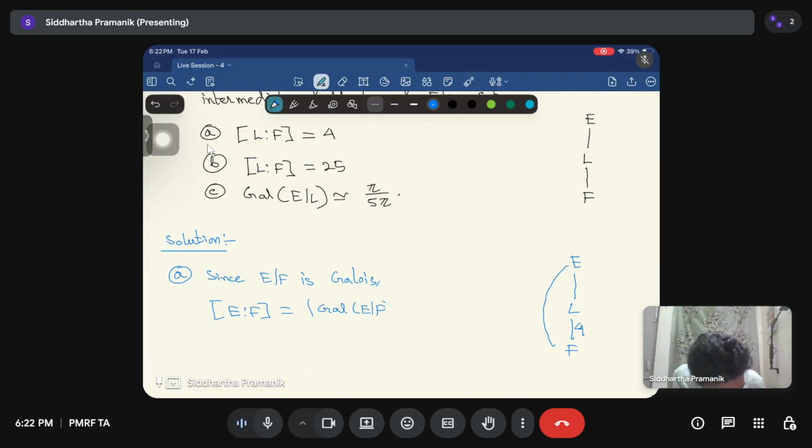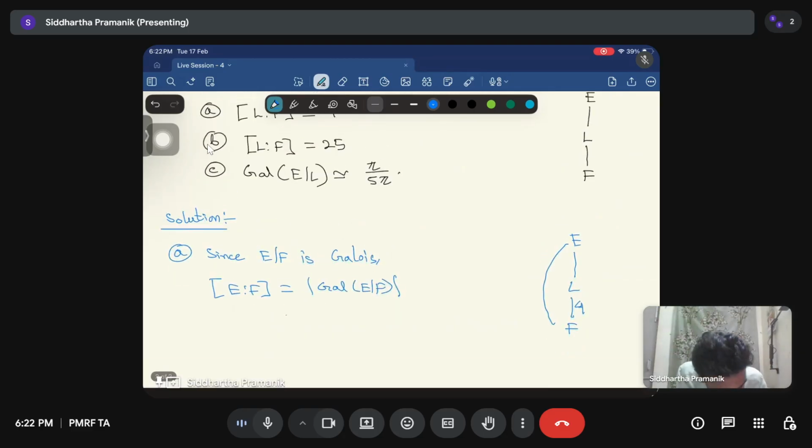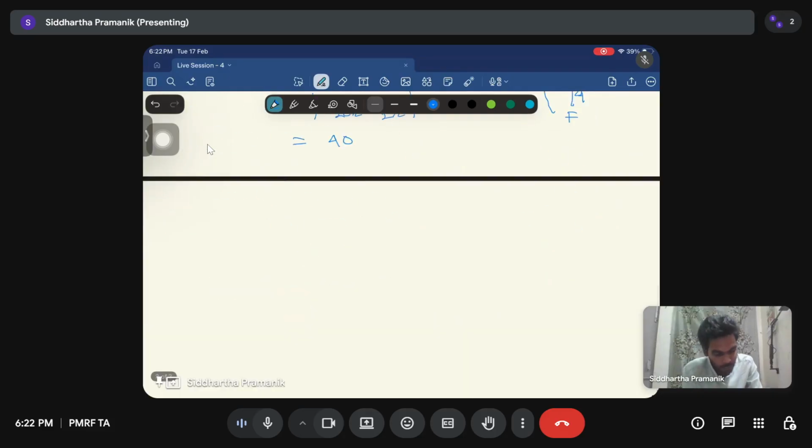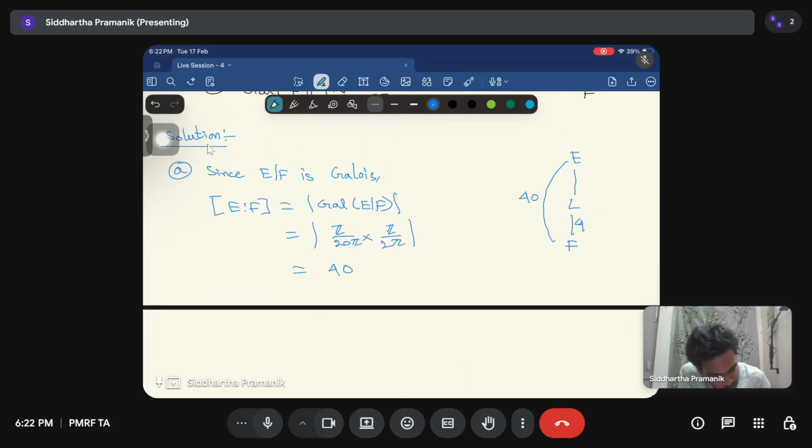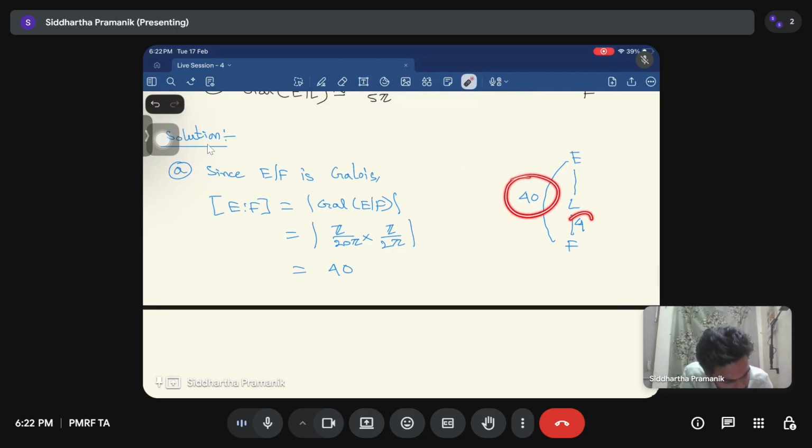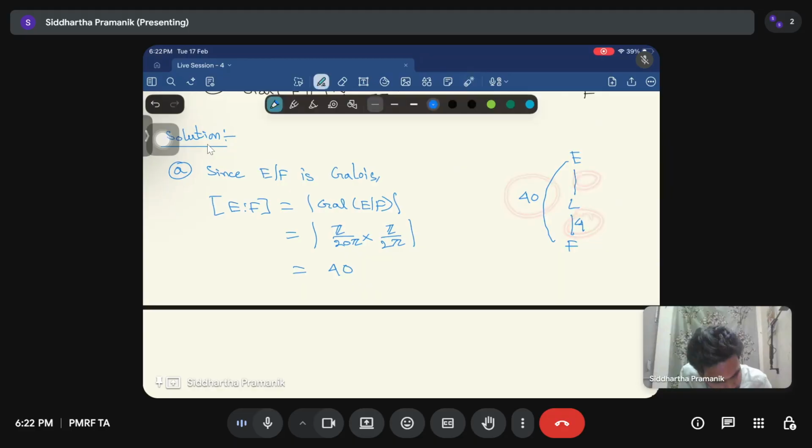This is from the characterization of Galois extensions, and this is the same as the cardinality of Z mod 20Z cross Z mod 2Z, which from group theory we know is 40. So the degree of this extension is 40, and the degree of extension is multiplicative. This one is 40 and this one is 4, so this one has to be 10.